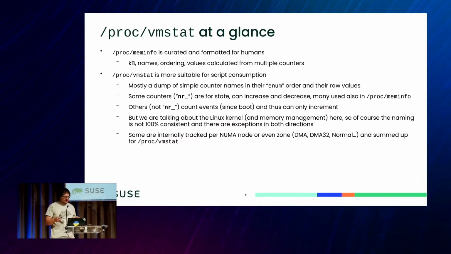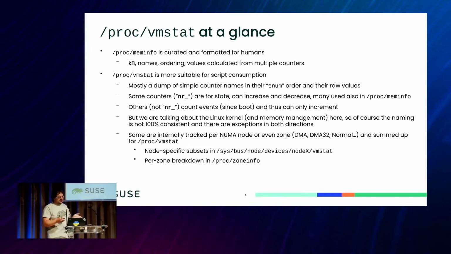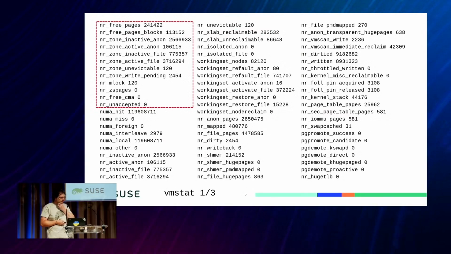If you don't, maybe it's not worth learning that anymore, because we hope to get rid of those at some point. And vmstat is then a sum over all those nodes or zones, but in other pseudo files, like in sysfs, you can see the breakdown per node, and in one single /proc/zoneinfo file, there's a breakdown per zone.